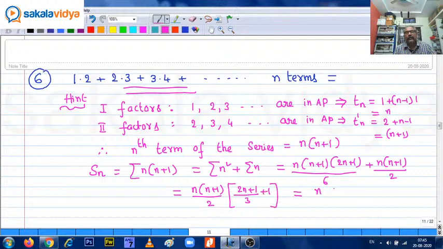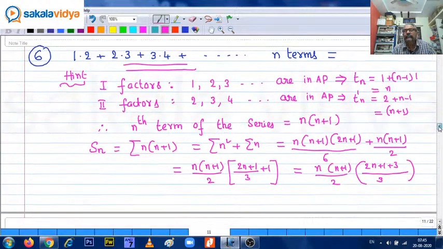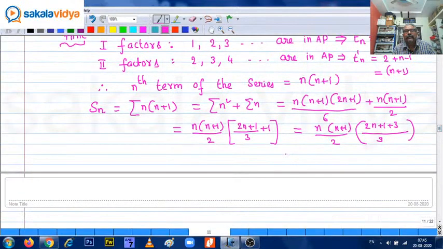This equals n times n plus 1 upon 2. Here 3 is the LCM: 2n plus 1 plus 3. So this equals 2n plus 4, 2 common, the 2 gets cancelled. N times n plus 1, n plus 2 upon 3.